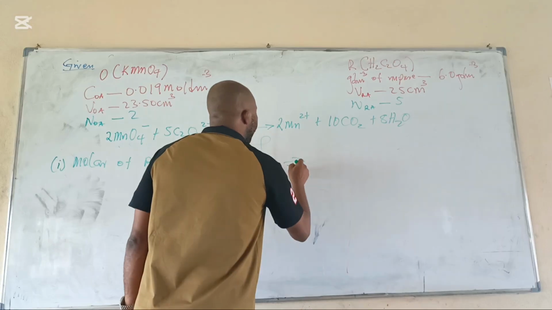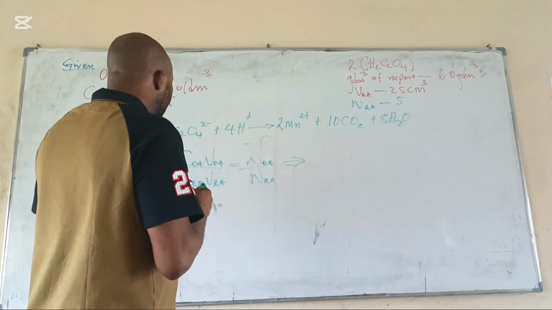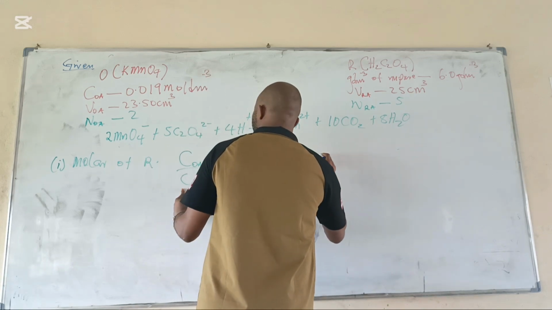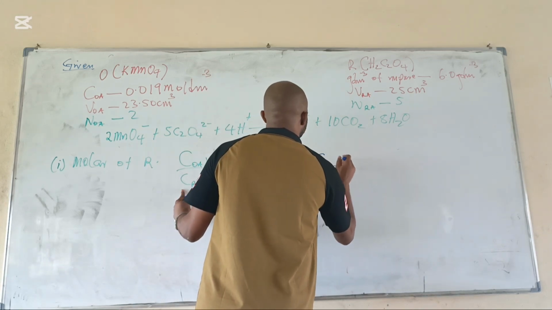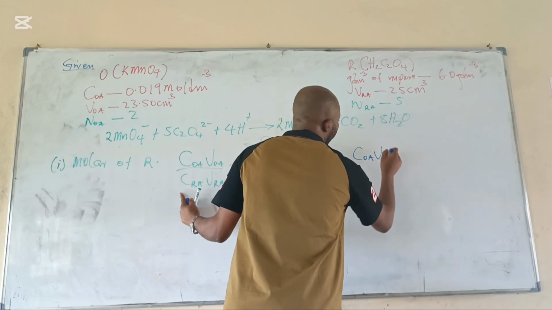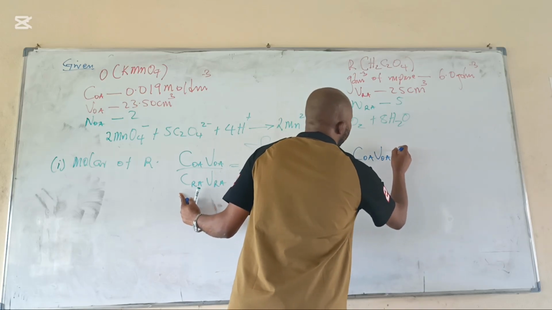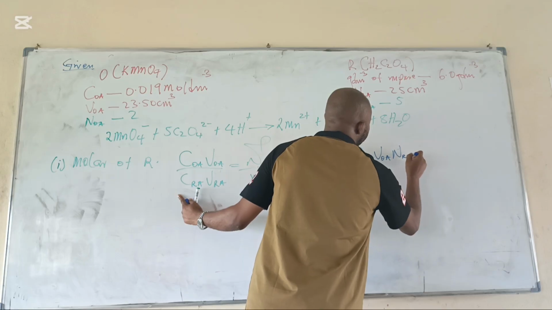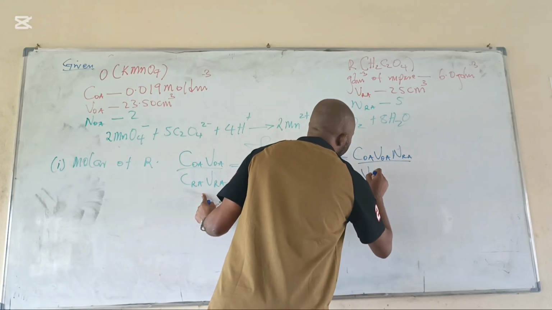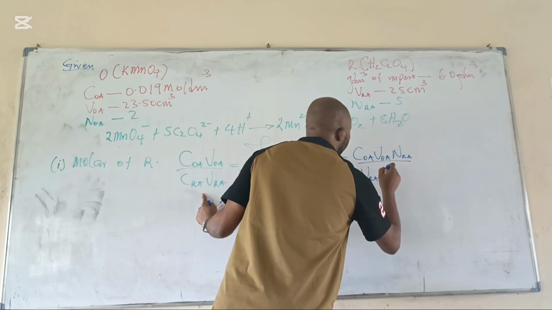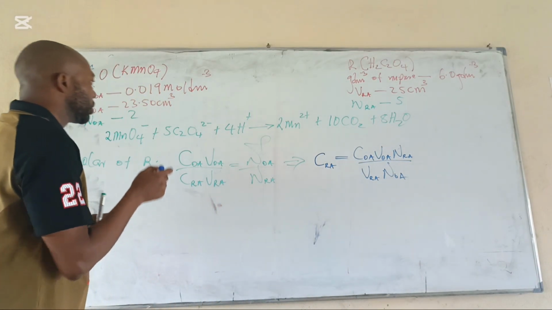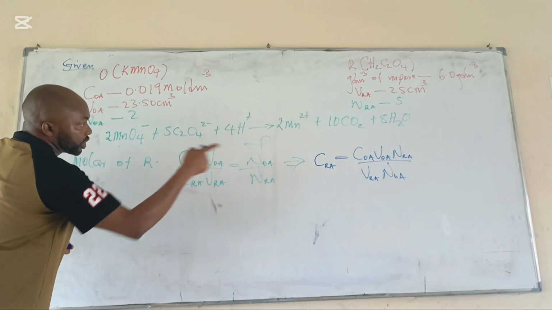If I make the concentration of the reducing agent, which I'm looking for, the subject, I will have the concentration of oxidizing agent times the volume of oxidizing agent times the number of moles of reducing agent over the volume of reducing agent times the number of moles of oxidizing agent. So I will substitute the variables into that formula.